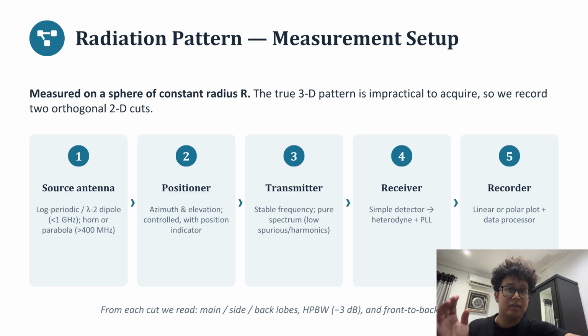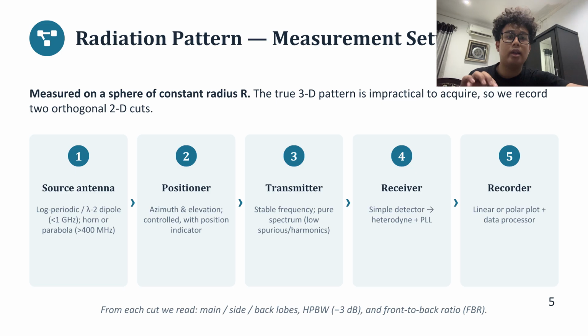A source antenna, log periodic or dipole below 1 GHz, or horn or parabola over 400 MHz, a positioner that rotates the antenna in azimuth and elevation, a stable transmitter, a receiver from a simple detector up to a heterodyne with PLL, and finally a recorder with a data processor.